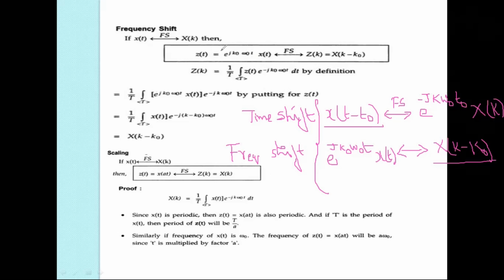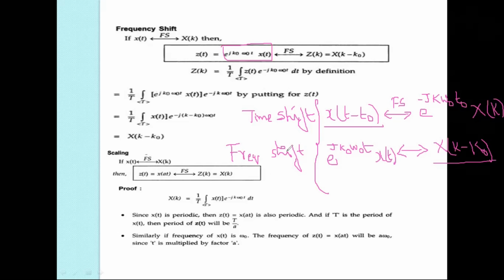Okay, my dear students, see here the z of t is taken as e power j k naught omega naught t x of t. So remember this one. The time is shifted with the t naught samples, and after applying the Fourier series, the Fourier coefficient x of k is multiplied by the negative exponential with the t naught samples.